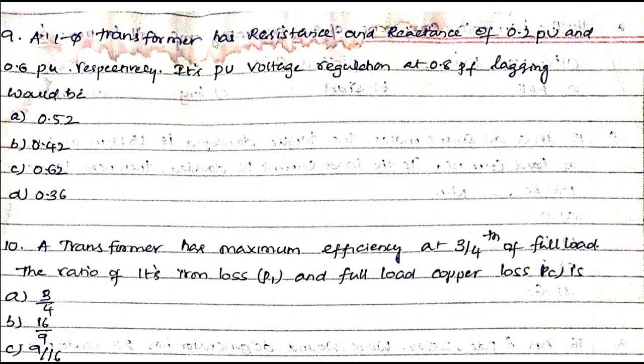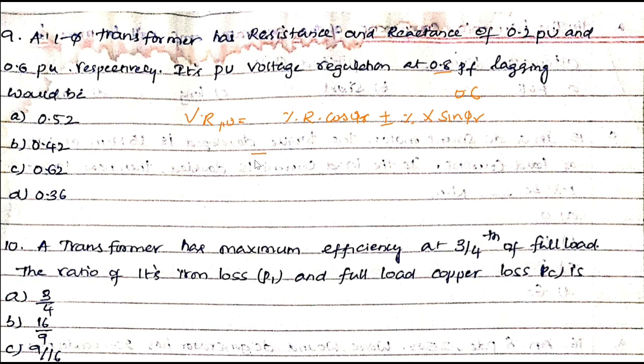All right. A single phase transformer has a resistance and reactance of 0.2 per unit and 0.6 per unit respectively. Its per unit voltage regulation at 0.8 power factor lagging will be. Here we need to find the per unit voltage regulation. Voltage regulation per unit is equal to percentage resistance into cos phi r, plus or minus percentage x into sin phi r. The power factor is 0.8, so converting into sine it is going to be 0.6.